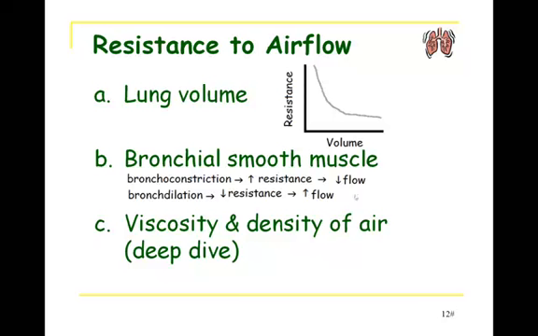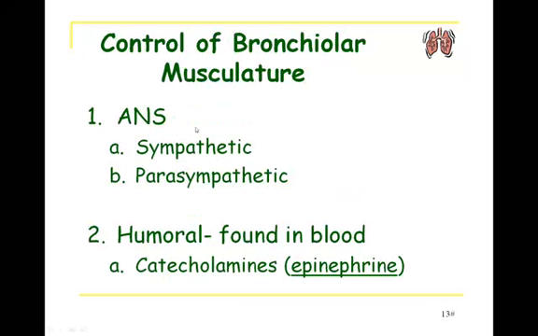So let's look at some factors that could affect this bronchial smooth muscle. First we have to look at your autonomic nervous system. What are the effects of the sympathetic and parasympathetic nervous systems? Overall, the autonomic nervous system doesn't play a huge role in the control of your bronchial smooth muscle.